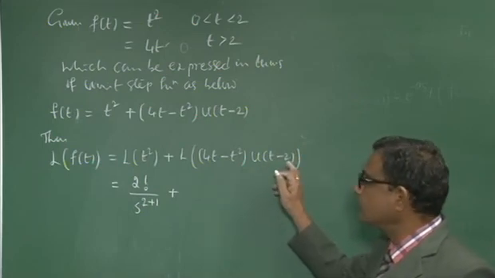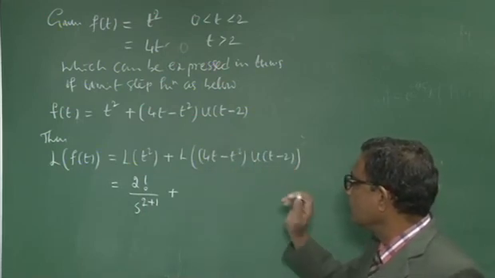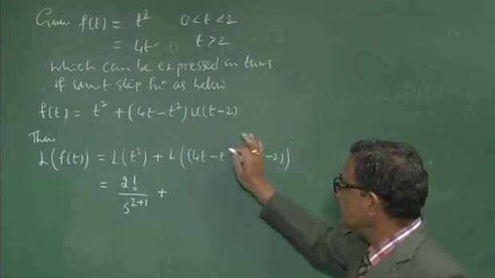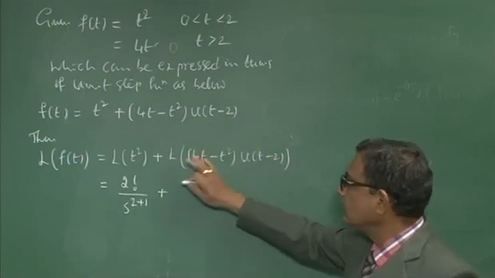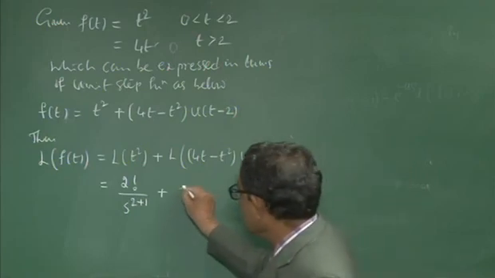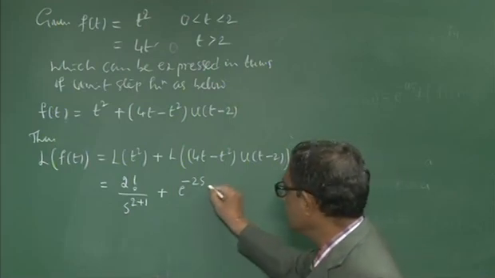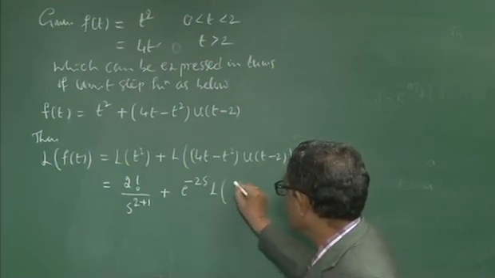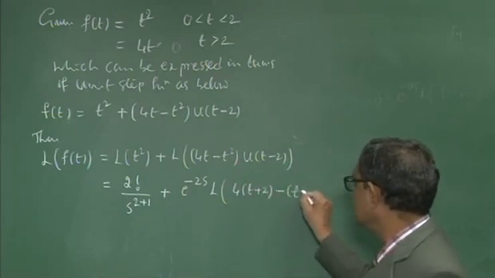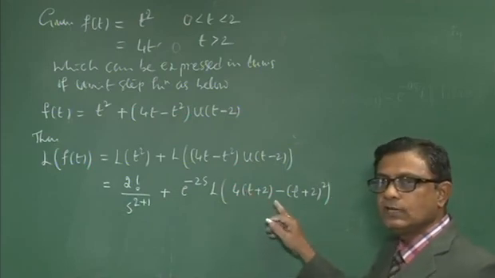By using the second shifting property: L of f of t u of t minus a is e raised to minus a s times L of f of t plus a. Here a is 2, so e raised to minus 2s into L of 4 into t plus 2 minus t plus 2 whole square. Now t changes to t plus a.